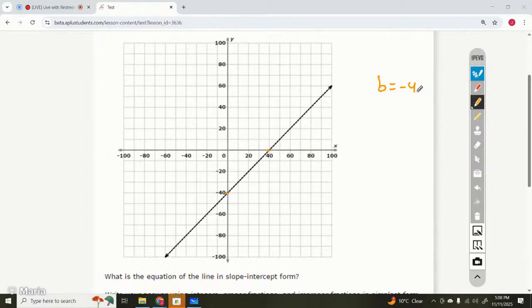So the y-intercept is -40, right? I'm going to use the x-intercept and the y-intercept to calculate the slope. That is, slope is equal to 40 divided by 40. The slope is 1.